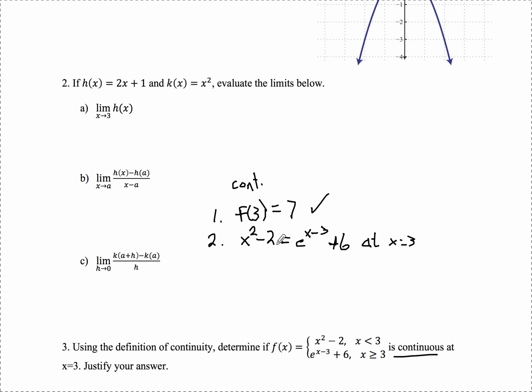Now we're checking the limit, and if the limit exists at this breaking point here, the left side and the right-hand side have to be coming together. So if I plug in 3, that'd be 9 minus 2, which is 7. My computer's lagging a little bit. Good thing we're at the very end here. 9 minus 2 is 7, equals, if I plug in 3 here, I get e to the 0, which is 1, plus 6, which is also 7. So that should be a check mark. We now know that the limit exists.